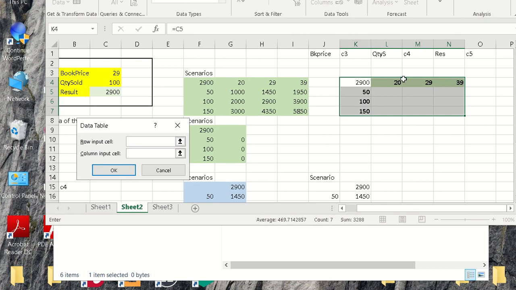Your row input cell is the one that is varying here on top, which is the book price. The book price is C3. So you write here C3. And the one that goes down here is C4, because this is the quantity sold.